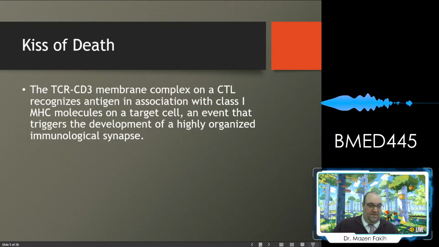The kiss of death involves the T cell receptor CD3 membrane complex وبتتعرف على الكلاس 1 MHC molecules, and this is very important لأنه الكلاس 1 MHC molecules بيعني they present antigens من داخل الخلايا. If they present a foreign antigen معناتها في خلل بقلب الخلية، وهي الخلية لازم انه ندمرها.